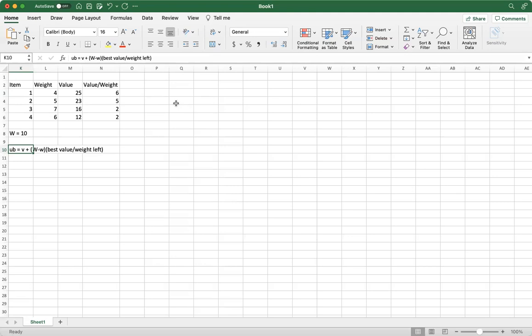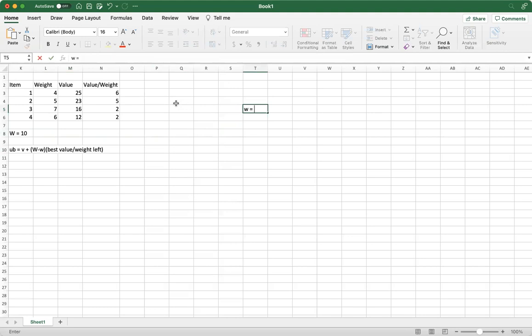So it's like every pound left is at the highest value per pound. We're probably not going to get to that maximum, but it's going to allow us to select which way to go. So we start with this, and you can do this different ways, but this Excel seems to be okay.